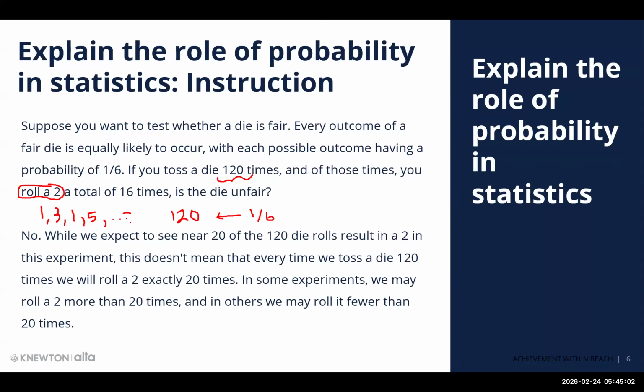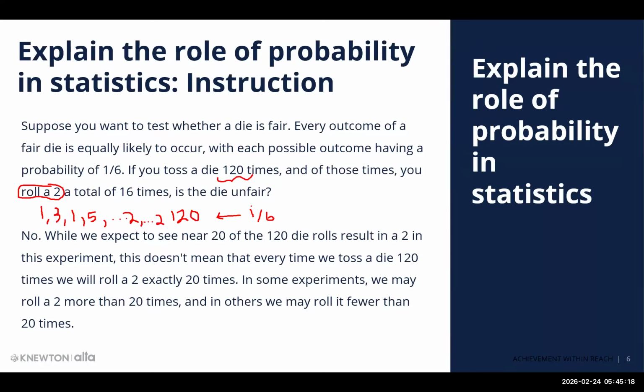So maybe 2 comes up. 2 is going to come up, and then you may continue to roll, and then two might come up again.